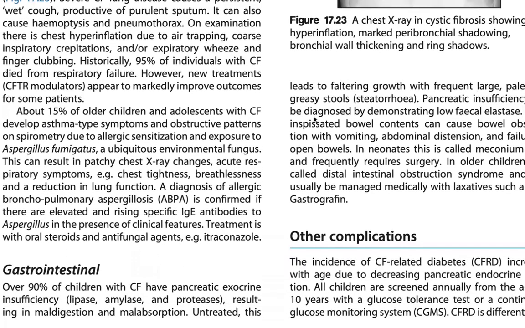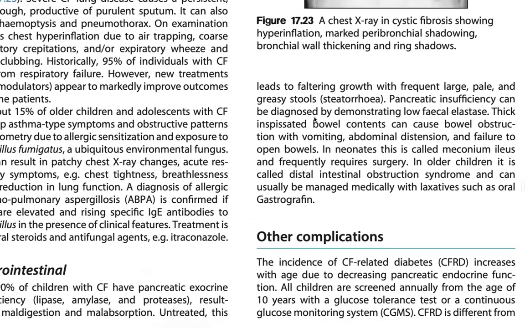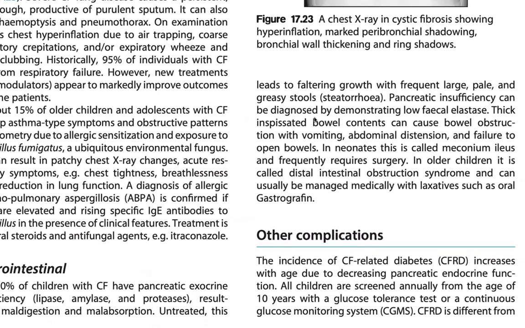GIT: over 90% of children with CF have pancreatic exocrine insufficiency, affecting lipase, amylase, and proteases, resulting in maldigestion and malabsorption. Untreated, this leads to faulty growth with frequent, large, pale, and greasy stools, steatorrhea.